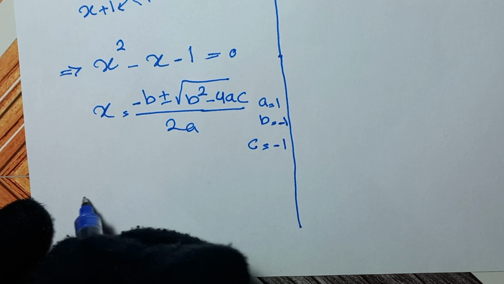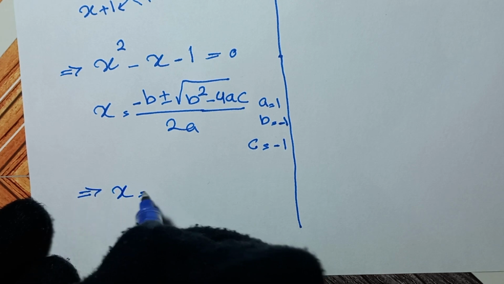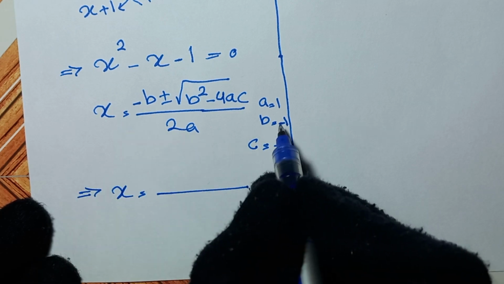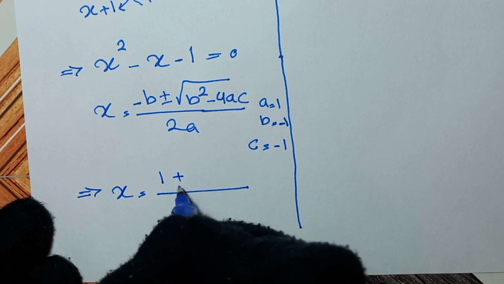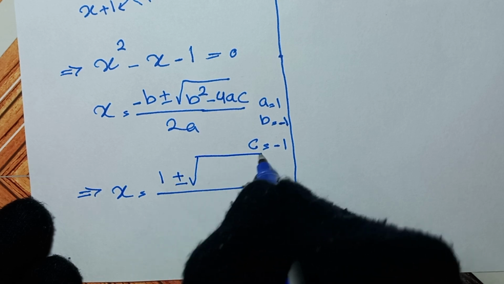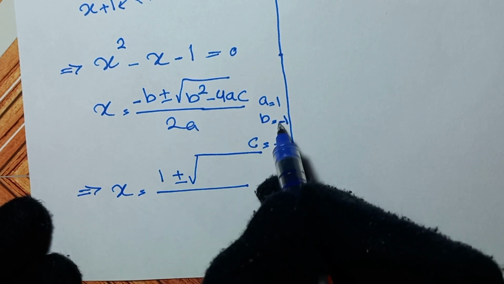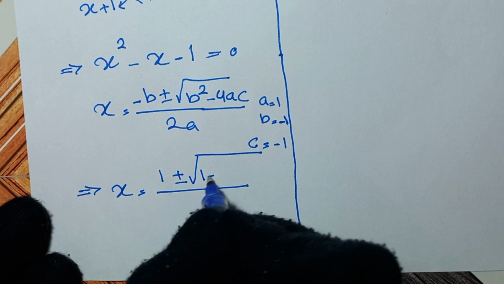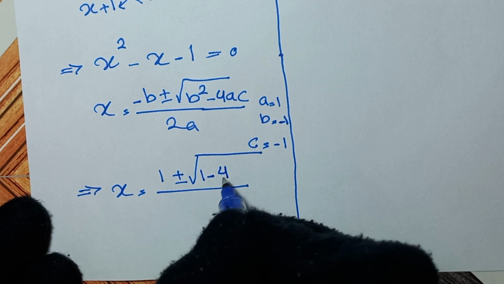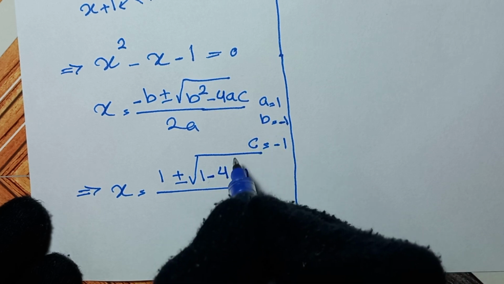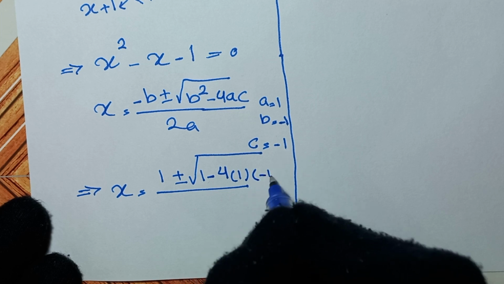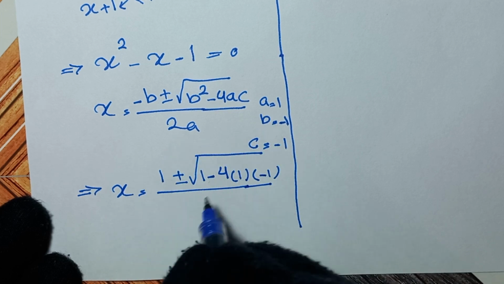So x equals negative b, negative 1 is positive 1, plus or minus square root of b squared, negative 1 squared is 1, minus 4 times a, which is 1, times c, which is negative 1, over 2a, which is 2.